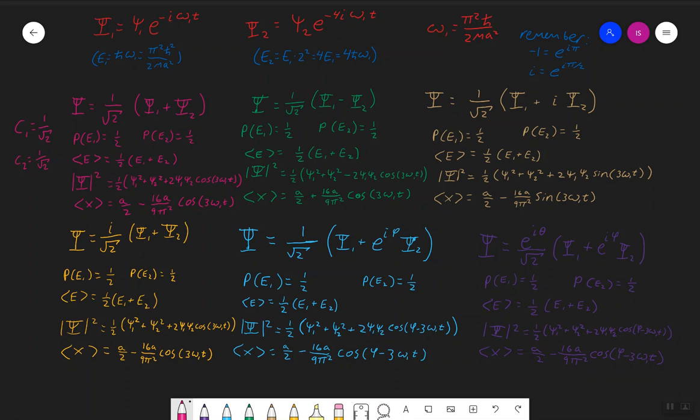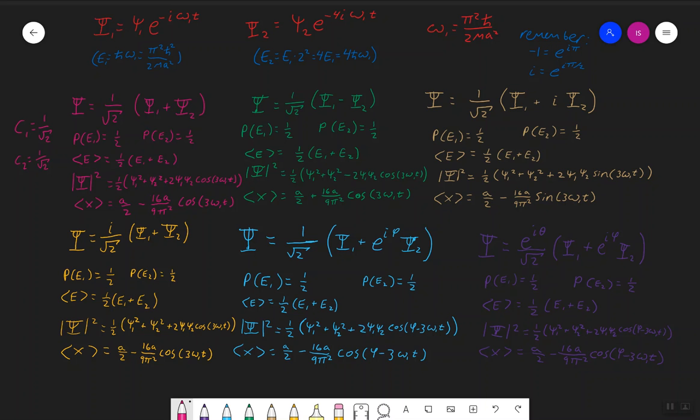Then using that, we can get the expectation value of the energy, which I showed in another video is 1/2 (E1 plus E2). Then if we did psi norm squared, which I've done for you, you can show this yourself using properties of exponentials and the relationship from the exponentials to sine and cosine.